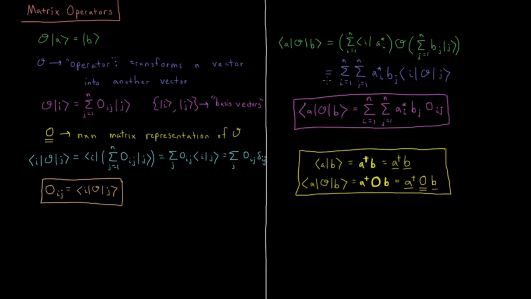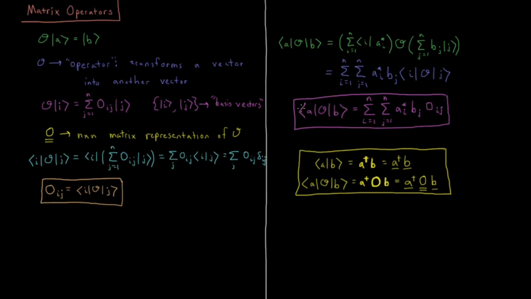So factoring things out to neaten things up, we have the sum over i equals 1 to n, sum over j as well, of A star i, which is a scalar and can be factored out, Bj, a scalar that can be factored out, and then you have the bra vector, operator, and ket left. So we have then the element Oij left here, as we have defined it down there.